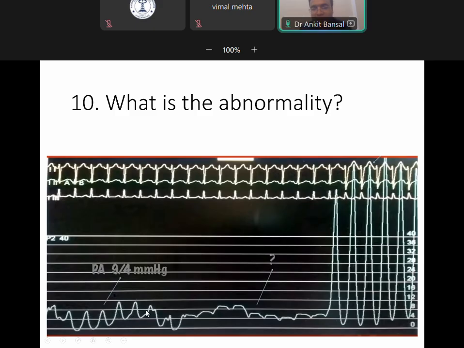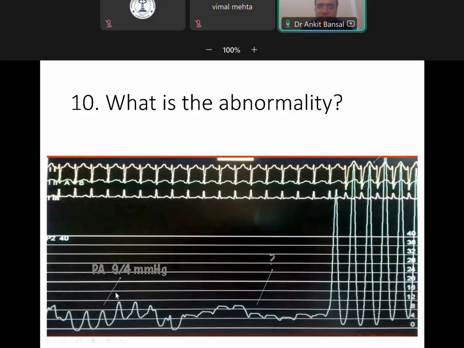But why are the pressures very low, in the range of 9 by 4? That is one question. Second, why are they going further down here? So pressures are low here, very low, because of the end hole catheter artifact.